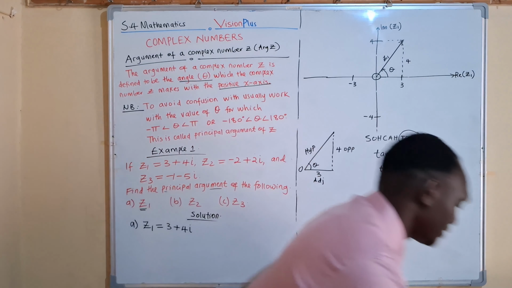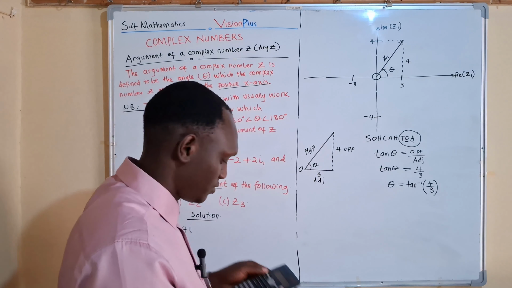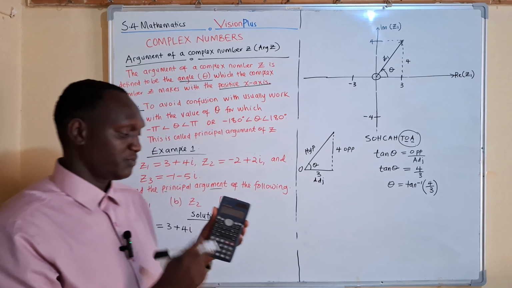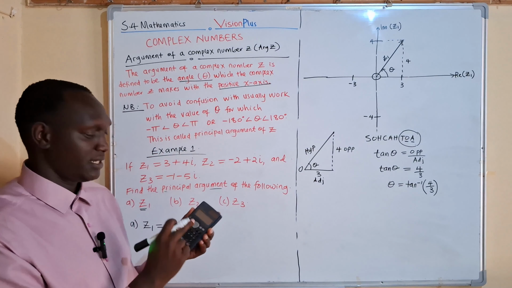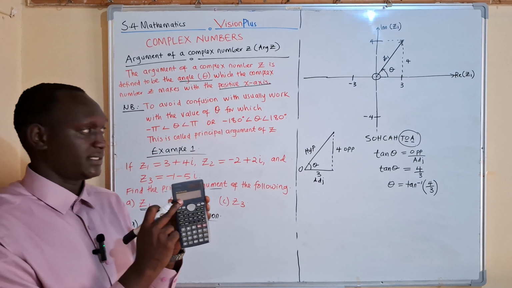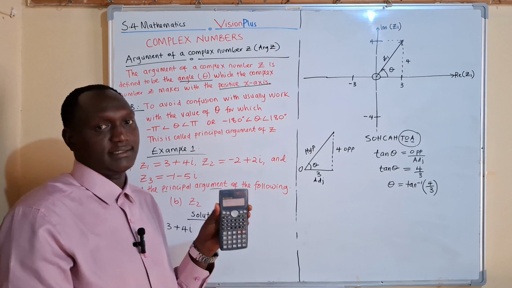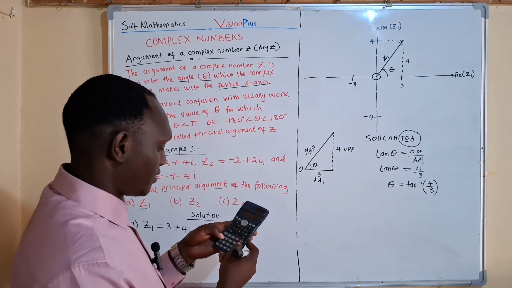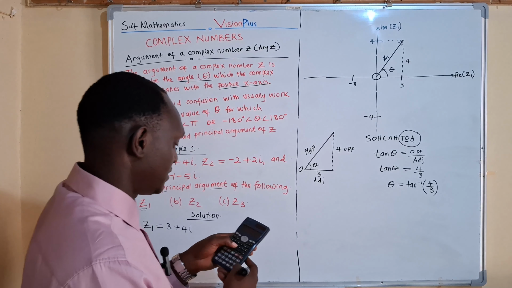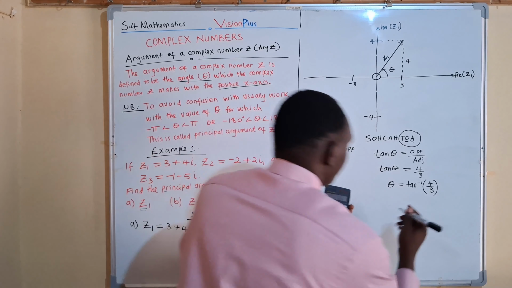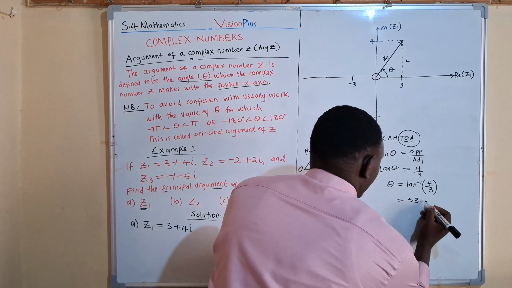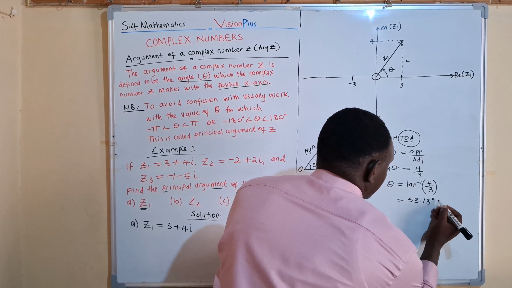Then you press your calculator: you press shift and tan, which gives tan inverse or arctan of 4 divided by 3, and that gives me 53.13 degrees, to 2 decimal places.